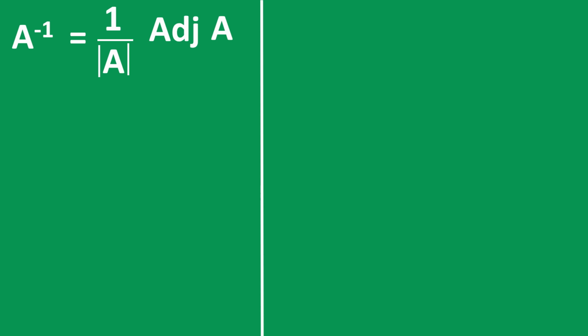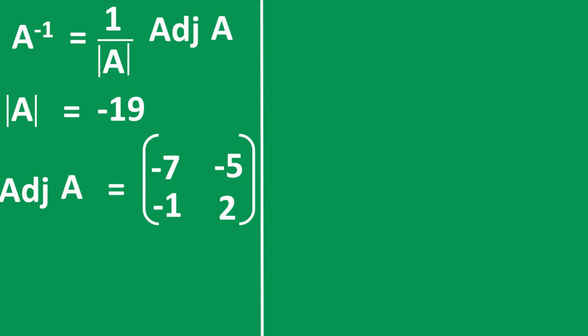So let's simply substitute the values of the determinant of A and the adjoint of A in order to find A raised to power minus 1, which is called A inverse.